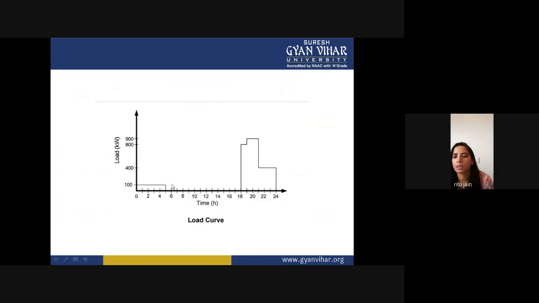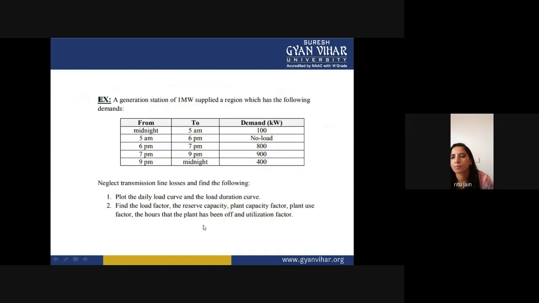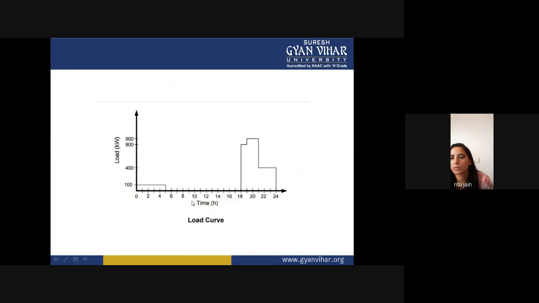You can see in this graph that from 5 a.m. to 6 p.m. there is no load. After that, from 6 p.m. to 7 p.m., for 1 hour, it is 800 kilowatt.